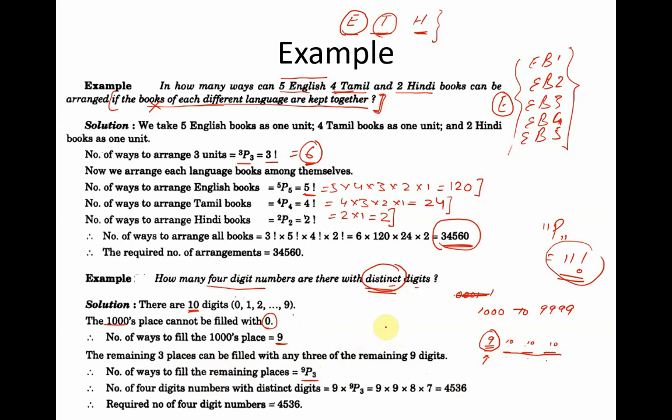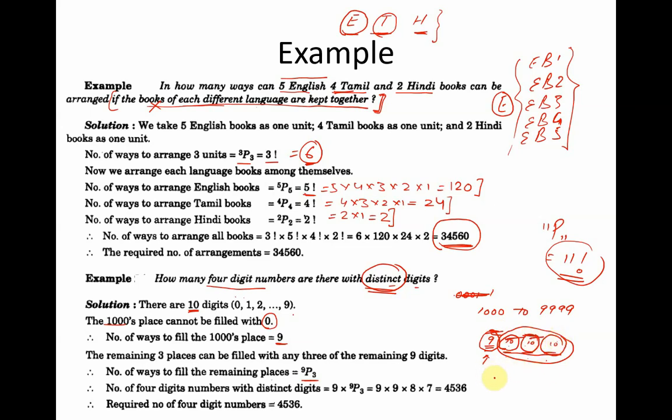So how many permutations are there for the remaining 3 places? I can use any of the 10 digits over here, but I cannot use the digit that has already been used here. I can use any of the 10 digits over here, but I cannot use the digits which have been used here or here. I can use any of the 10 digits over here, but I cannot use any of the digits that have been used either here or here or here.